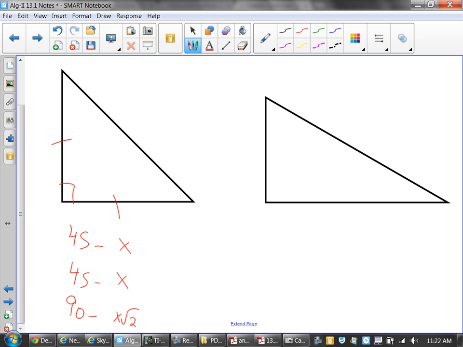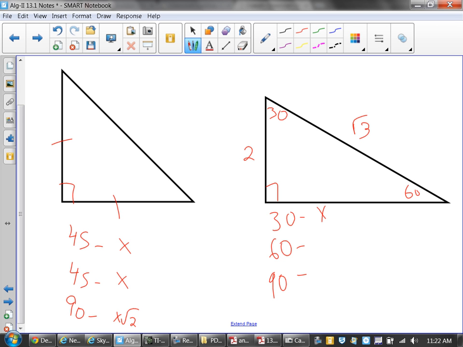Now, with the 30, 60, 90, I always set up this little algebra jig here, and I'll explain what this looks like. What was it again? It was x, 2x, and x root 3. Which one gets the x root 3? The 90? Now, if 90 had a root 3 across from it, that means the 60 would have a 2.